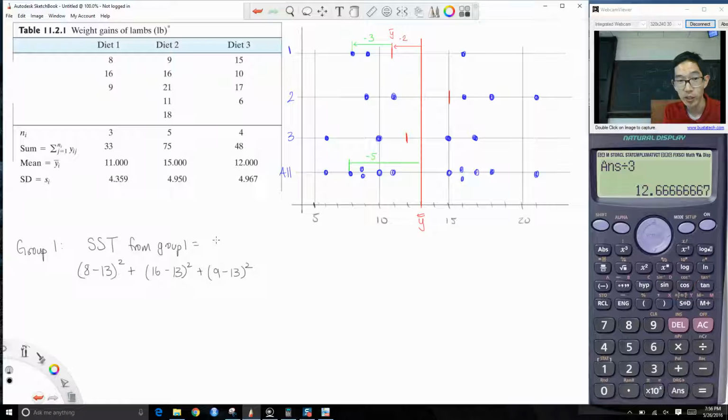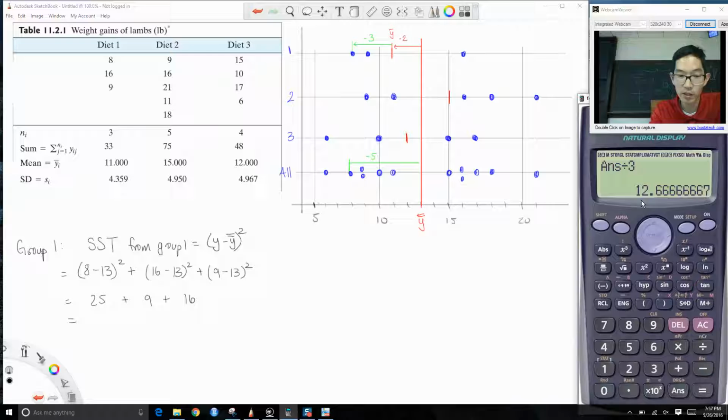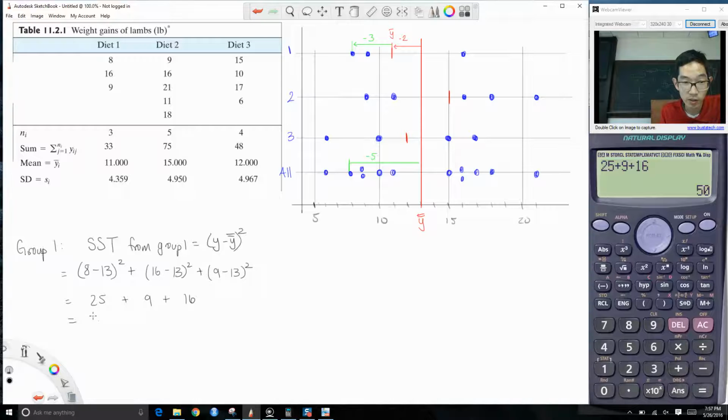So this will be each data point minus the grand mean squared. So this ends up being 25 plus 9 plus 16. Sum of squares total is 50 there. Okay, so that's the total sum of squares.